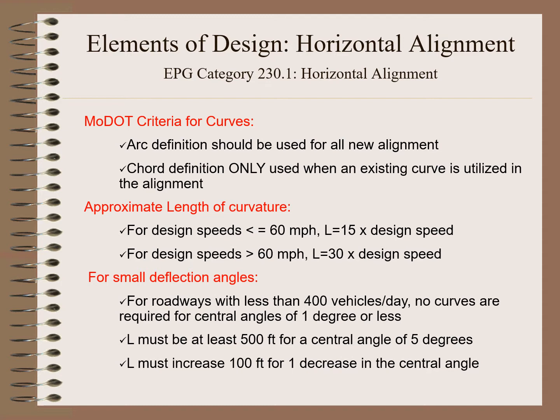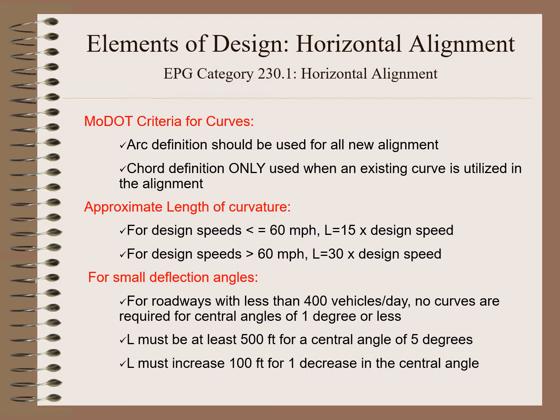The approximate length of curvature. For design speeds less than or equal to 60 miles per hour, you can approximate a length of 15 times the design speed. For design speeds greater than 60 miles per hour, you can assume length by taking 30 times the design speed.